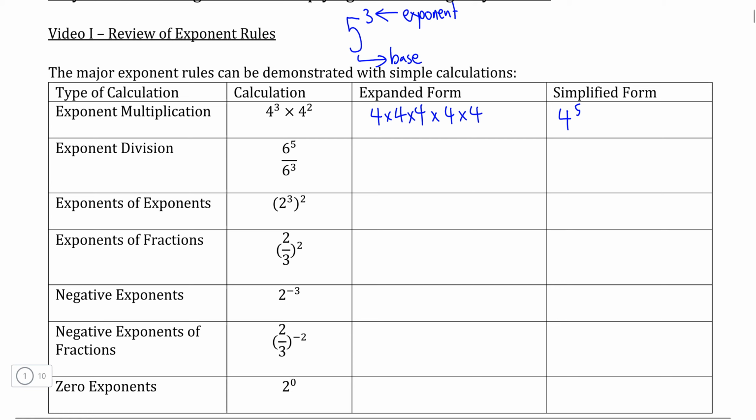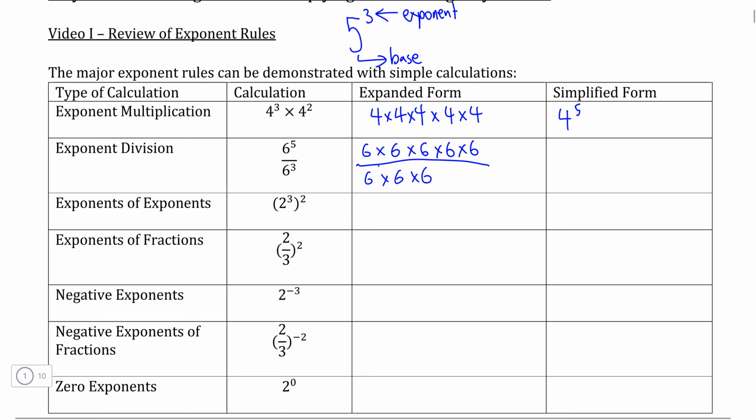Now, we have a similar rule for what happens when we divide two exponents. If we take 6 to the exponent 5, this means that we are multiplying 6 by itself 5 times. And we all know that the fraction line means division, and we're dividing this by 6 multiplied by itself 3 times, like so.